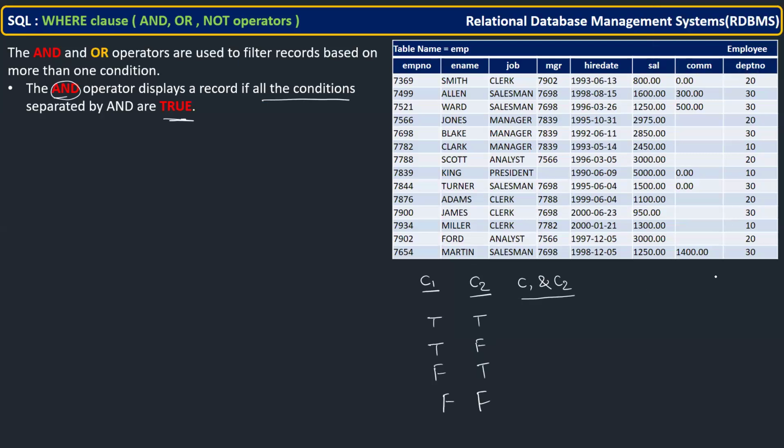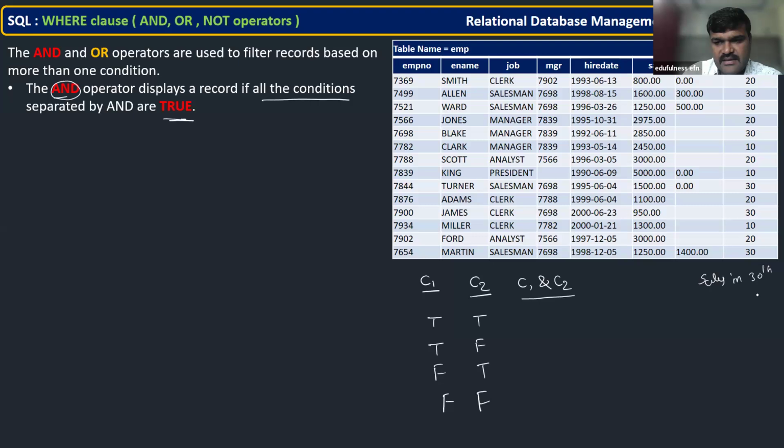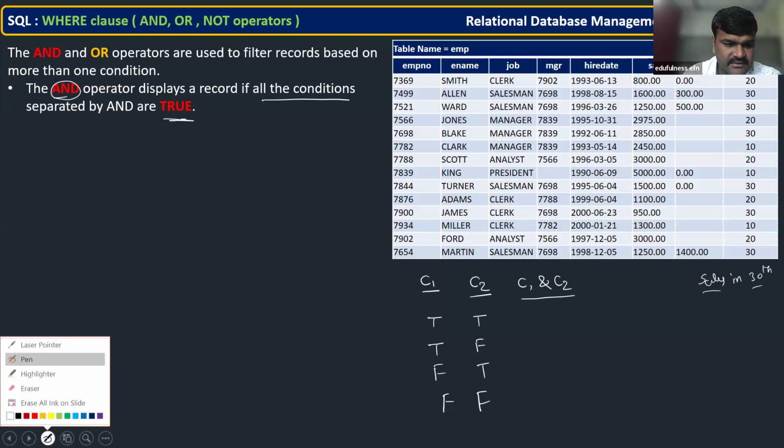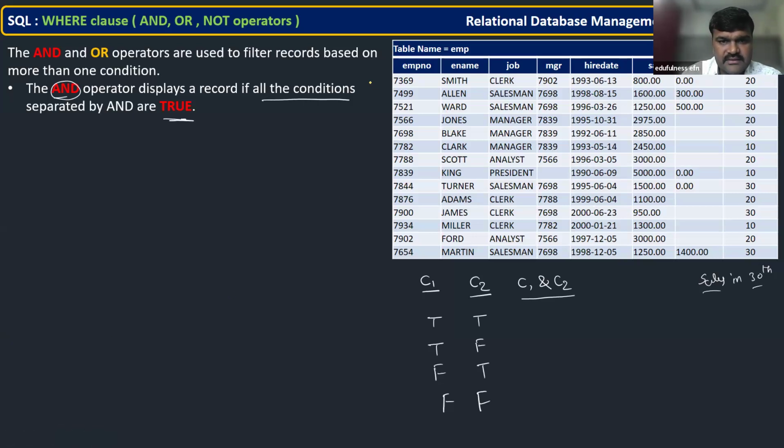If you need better clarity, what I am saying is salesmen in the 30th department. He should be a salesman and he should be in the 30th. Take the first record. Is he a salesman? No, right?